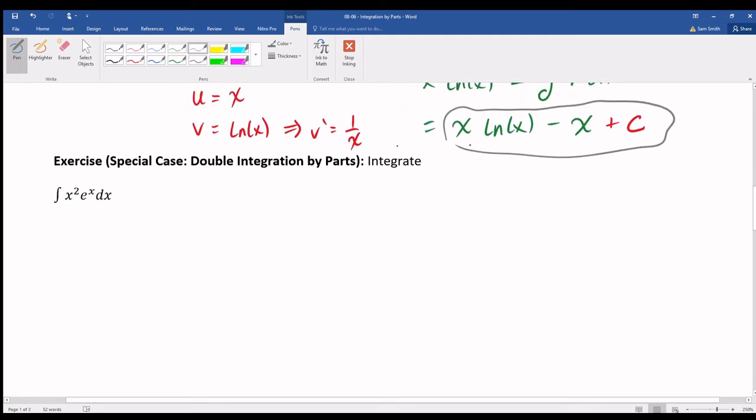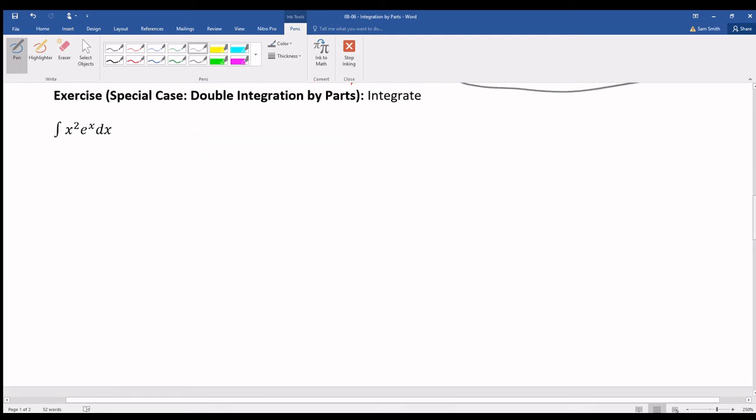Let's consider another example. Let's consider the product x squared times e to the x. Now I have a product here of two functions, and I think that if I took the derivative of x squared, I would get something that's a little bit simpler than what I had before.